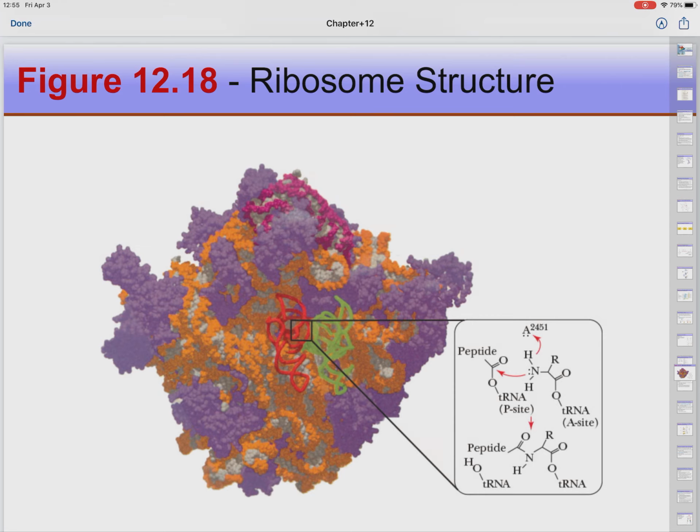And so what this elucidated for everybody that was studying ribosomes was that the actual RNA portion of the ribosome is catalyzing this reaction. So this lends further evidence to the idea that in the beginning, before there were proteins, RNAs were doing not just storing the information, the genetic code, but also catalyzing reactions.